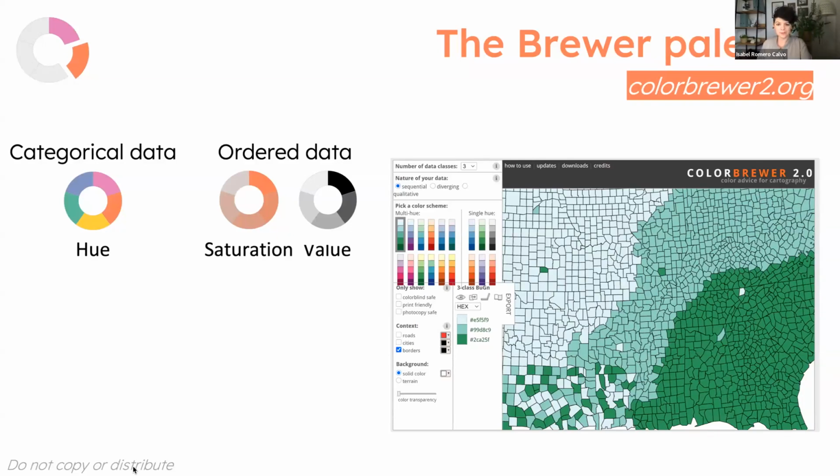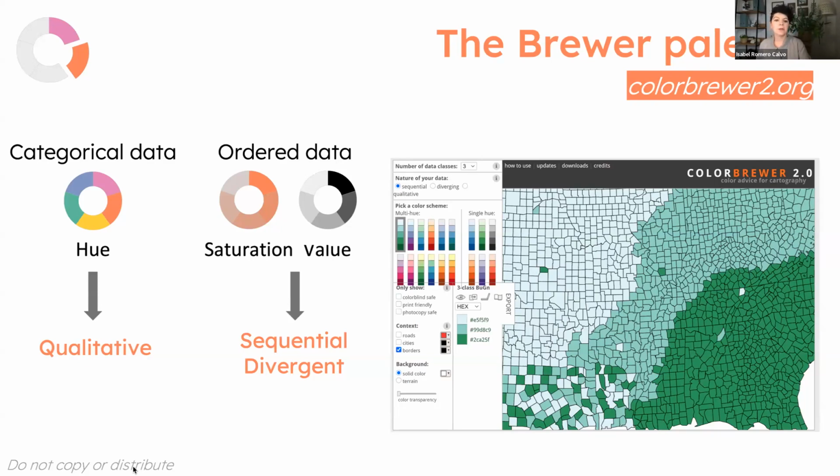However, it works really well. If we look at the website, you can spend some time playing with it, and you can input the number of data series that you have at the top. Then just something to remember as we follow along in this presentation: talking about categorical data and hue, it's called a qualitative type of color palette, versus ordered data.